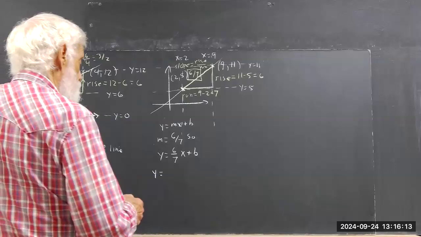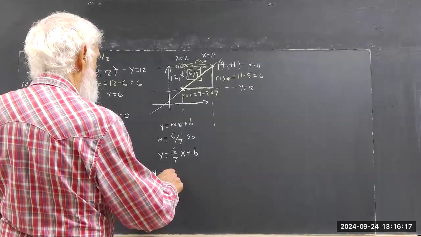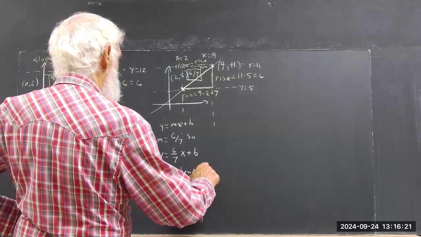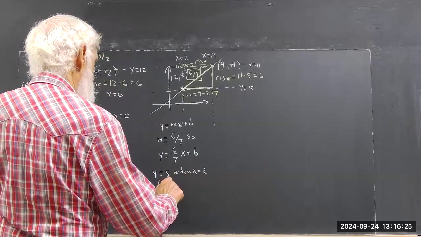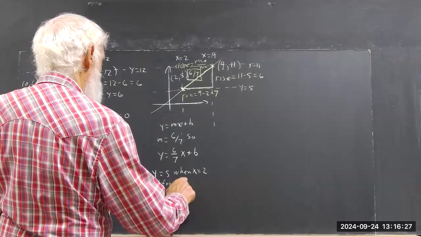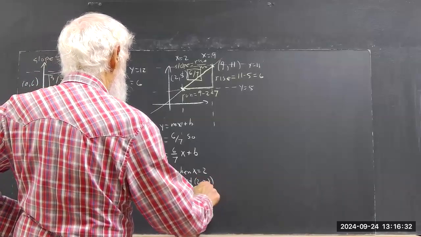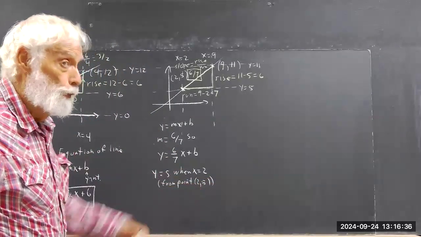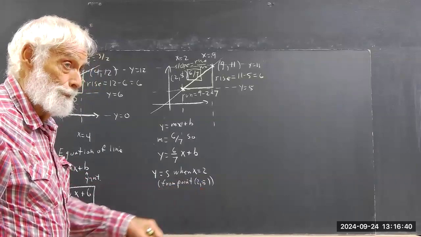So we get y equals 5 when x equals 2. That's because the point is on the graph. x is 2, y is 5, right?